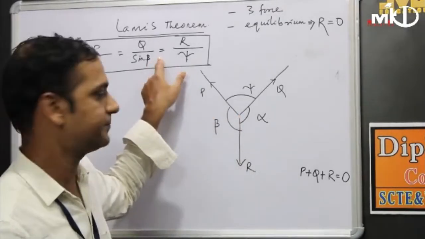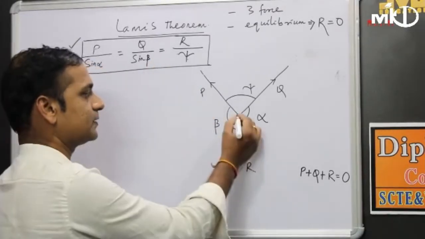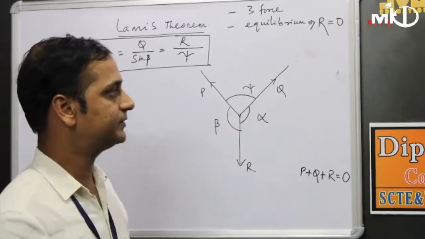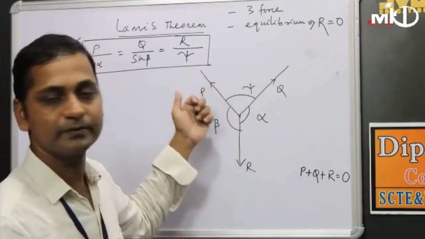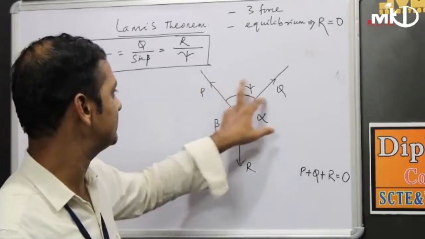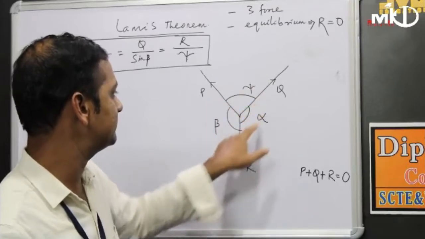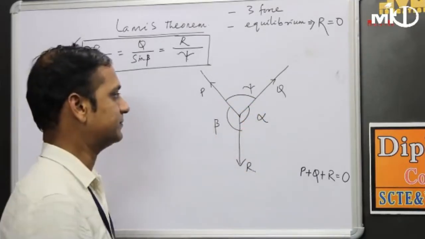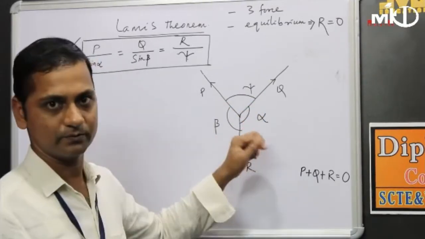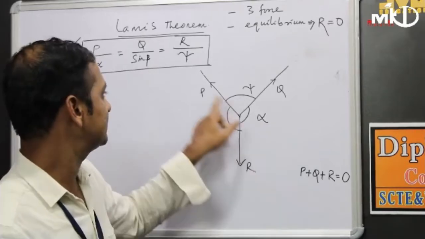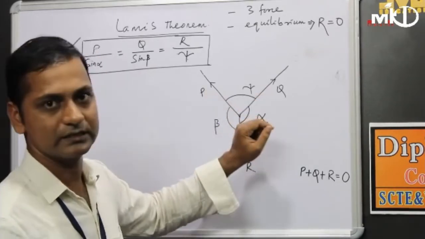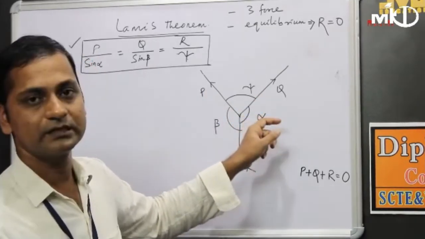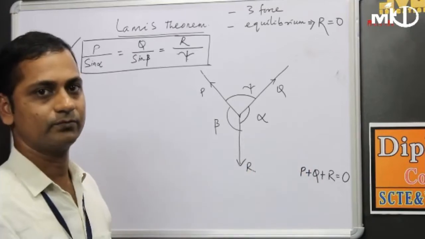Otherwise we cannot apply it. Then we will use the principle of equilibrium from the previous video, the three force principle. The body is acted upon by three forces P, Q and R. According to the three force principle, the resultant of any two forces must be equal, opposite and collinear with the third force.